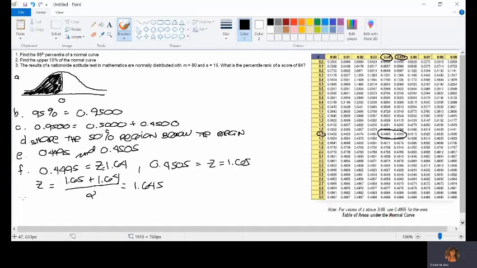So the 95th percentile is equal to 1.645. So let's draw a line to the normal curve. Let's say this is your 1.645.